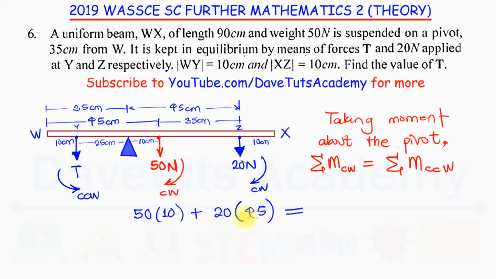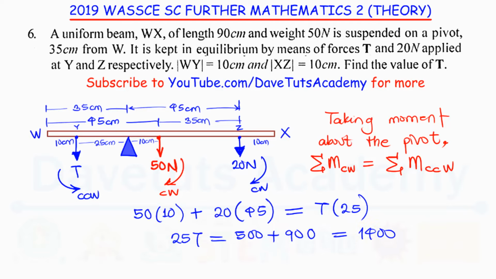This is the clockwise, the counterclockwise will now be the product of the force T and its distance to the pivot, which is 25 centimeters, so it is equal to T multiplied by 25. All right, so we can just say from here 25T is equal to 50 times 10 is 500 plus 20 times 45, that will be 2 times 45 is 90, then with that 0, 900. So 25T is equal to 500 plus 900, that is 1400, such that the force T will be 1400 divided by 25.